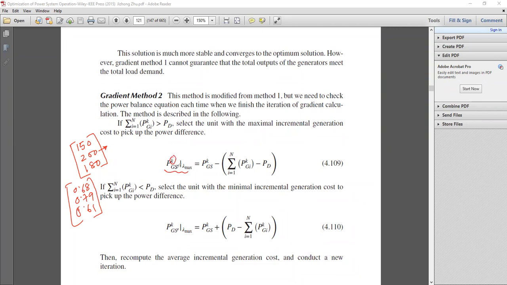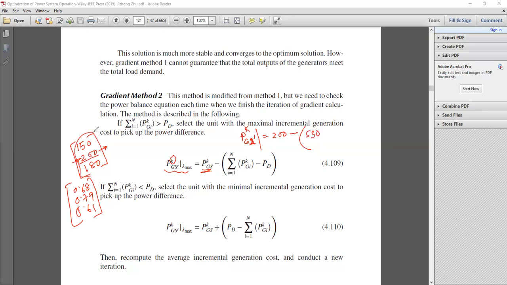K is the iteration number. I am trying to calculate what would be the new value for 200. This is my unknown, PGS dash. Let's say this is PG2, because the second unit is the maximum unit, and this is any arbitrary iteration K. So it would be PGS K, which is 200, minus the summation of all PGI K. What is the summation? 530.